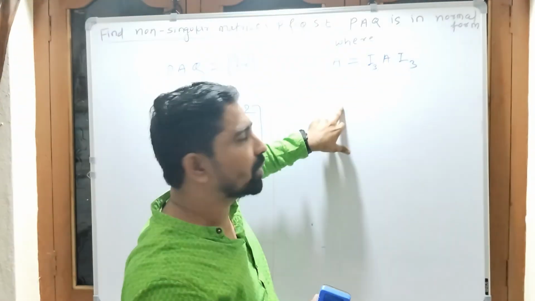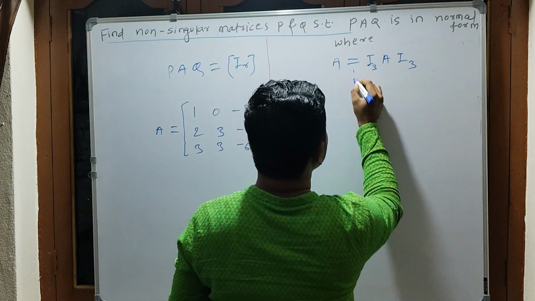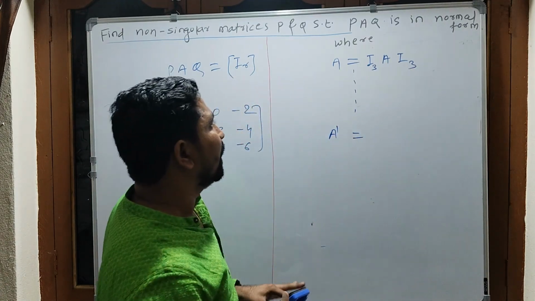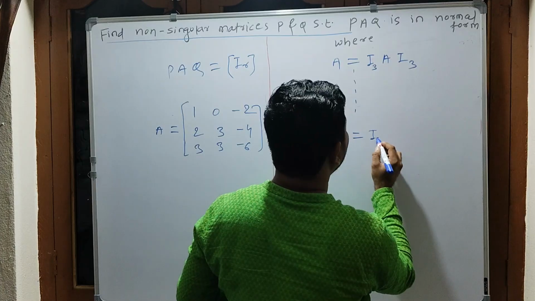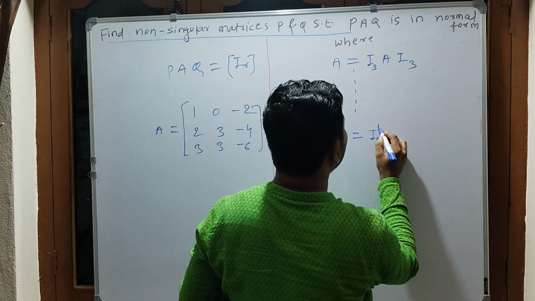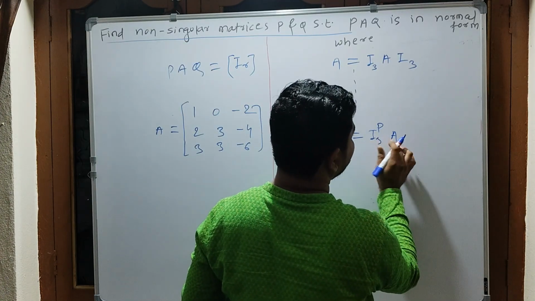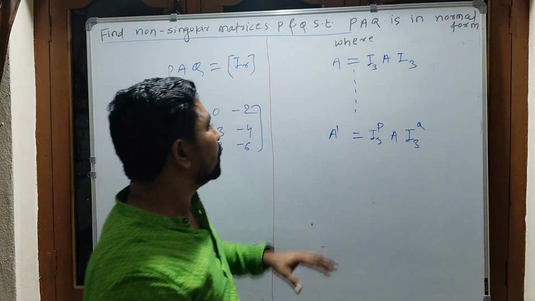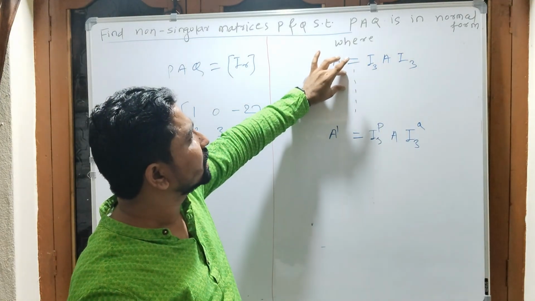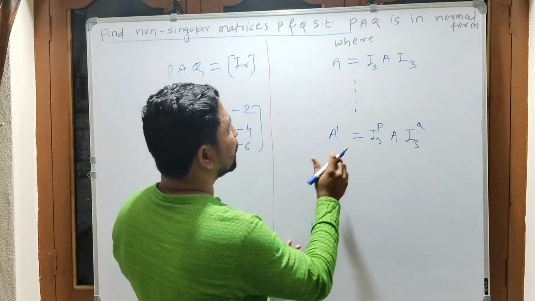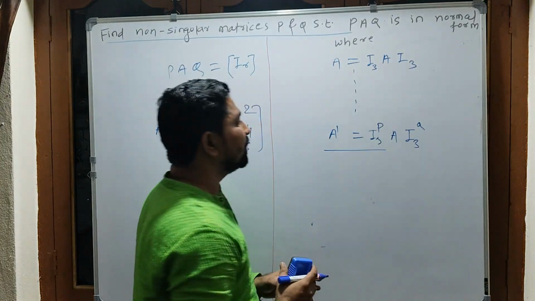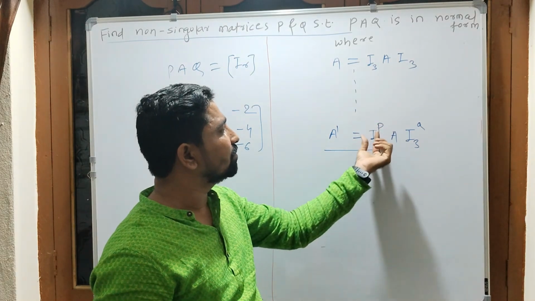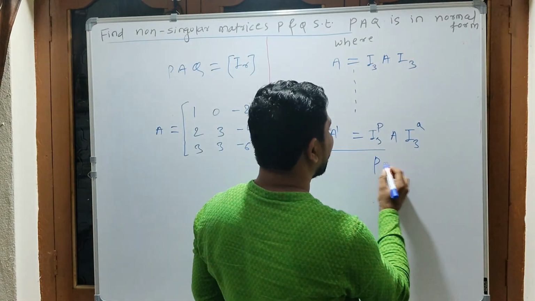After applying elementary operations, at some stage let's say this is my A dash, this is my P on the left, and this I3 on the right is Q. After applying the sequence of elementary operations, when I get the matrix A dash in the normal form, whatever matrices appear here are my matrix P and my matrix Q.